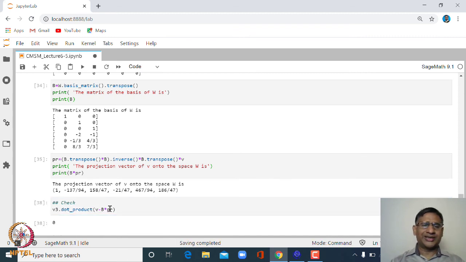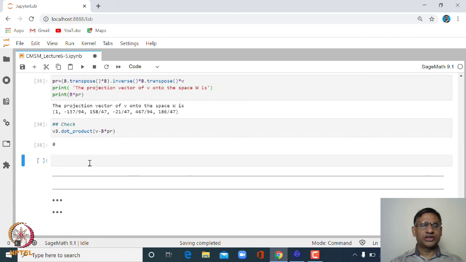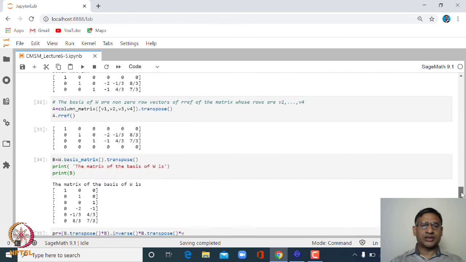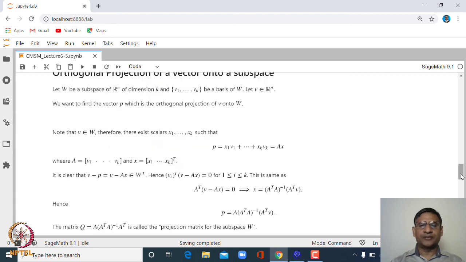In particular, you can take any random vector in W and check that it is perpendicular to this orthogonal projection, right. So this is a very important concept. In the next class we will see an application of this as the least square problem. We have already seen the least square problem using calculus, but now we will see that the least square problem boils down to actually finding an orthogonal projection, right.